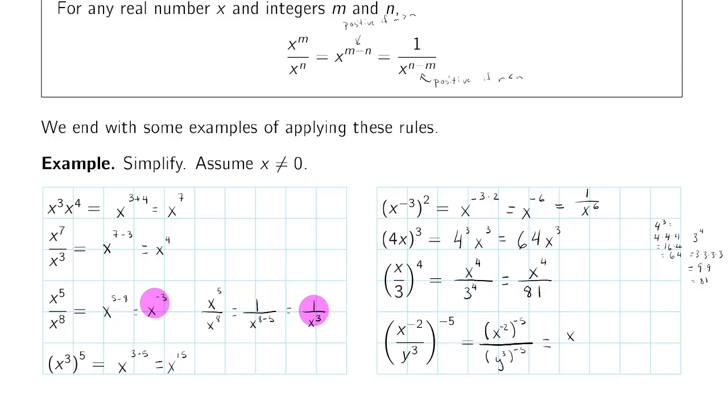That'll be x to the negative 2 times negative 5, which is positive 10, over y to the 3 times negative 5, which is negative 15. And then 1 over y to the negative 15 must be y to the positive 15. So this is finally x to the 10 times y to the 15.